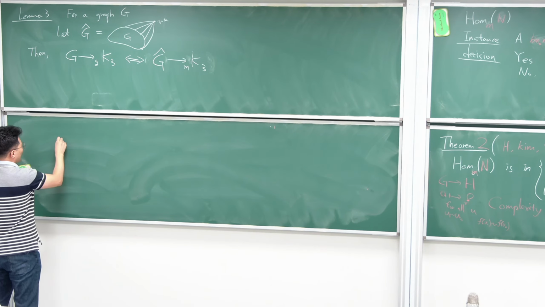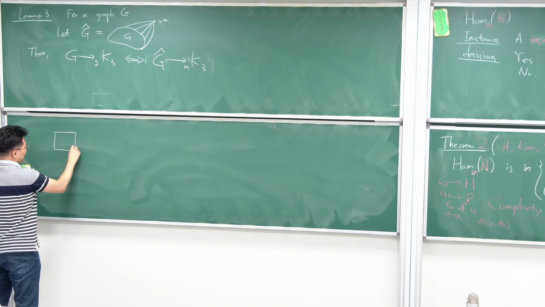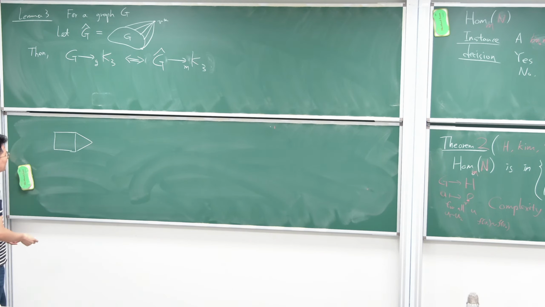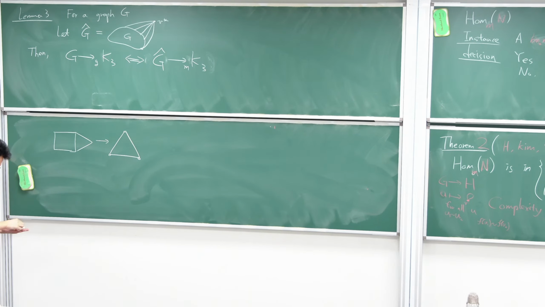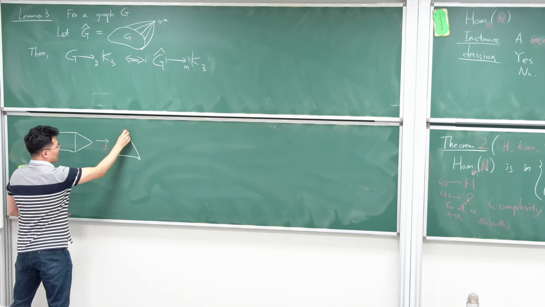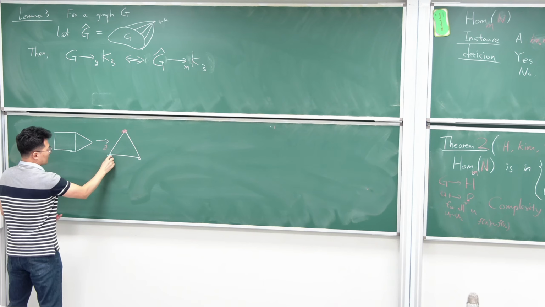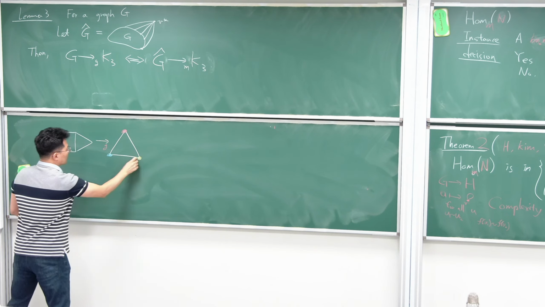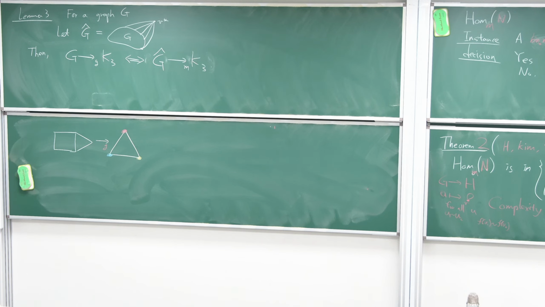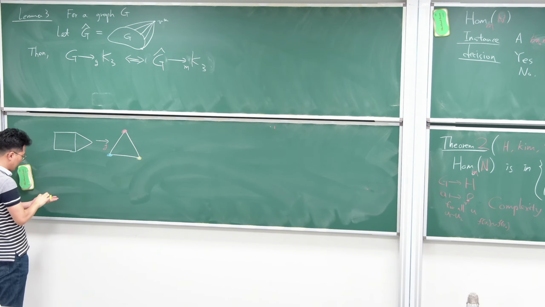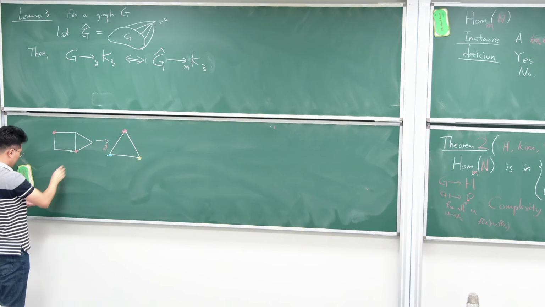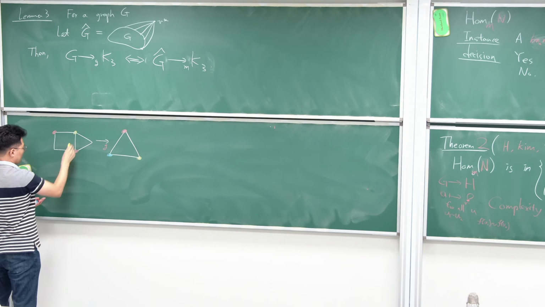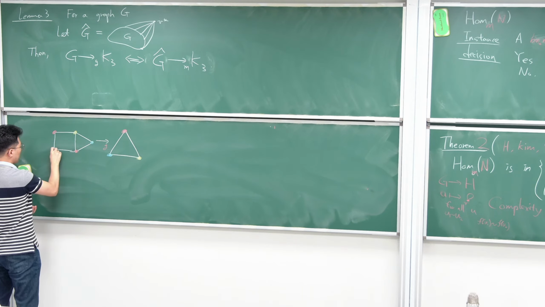That's not a formal proof, but we know that there is a graph homomorphism if and only if it's 3-colorable. So for example, we have this 3-coloring.